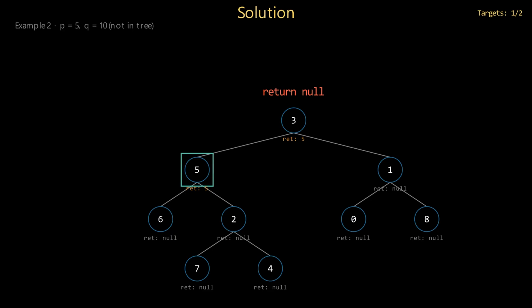We did find P, but Q never appears as a node in this tree, so the counter stays at 1 of 2. The inner merge can still bubble a pointer upward on the way back, yet the final step checks that both targets were visited. Since Q was not, the public answer is null.